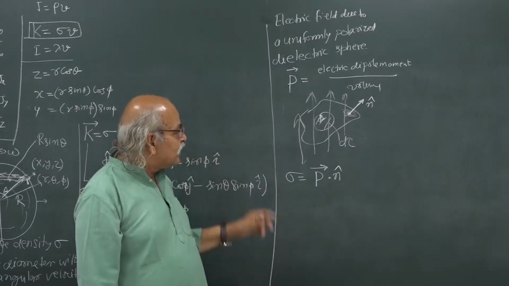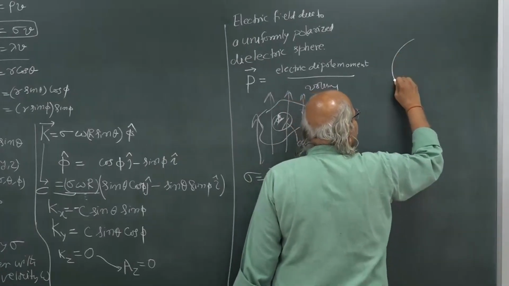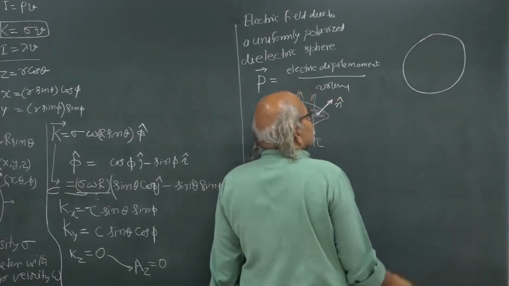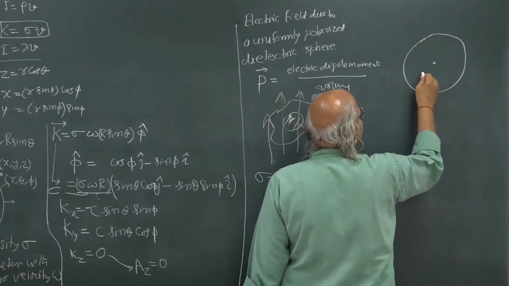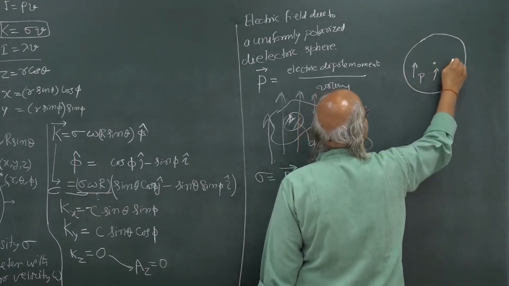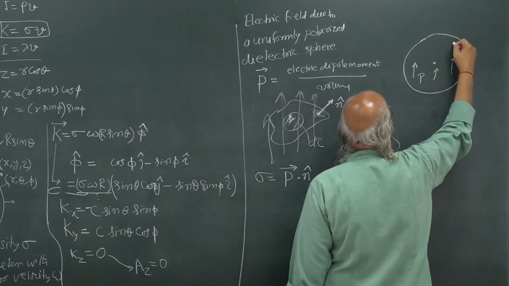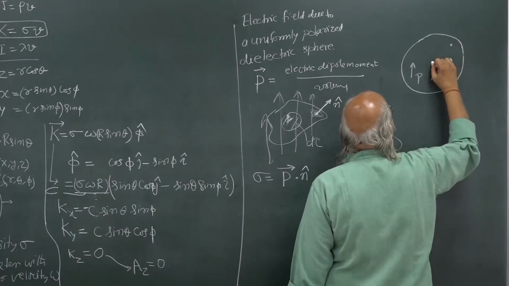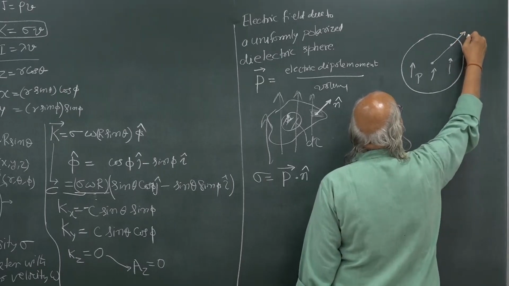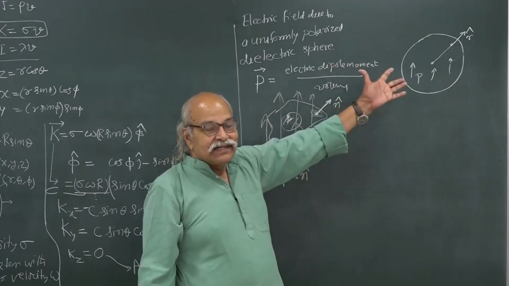So, if I look at our sphere, and if the polarization is this way, uniformly polarized, and on the surface you take some point, and then you draw a normal here. So, that normal will be in r cap direction.